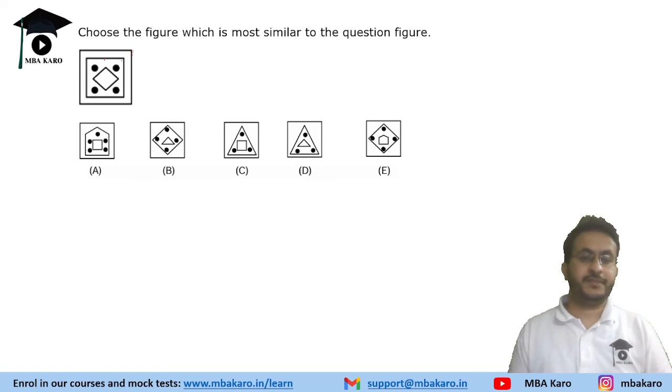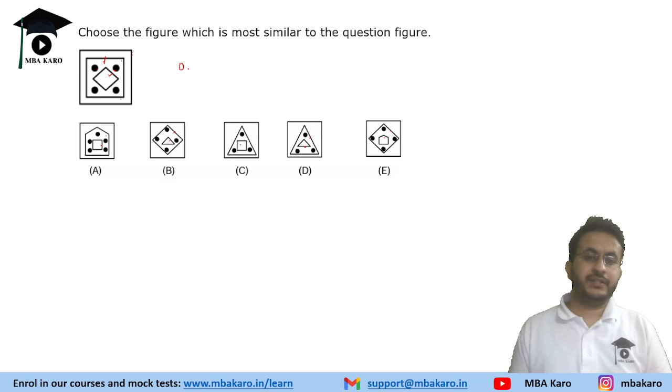Two inner shapes: we have a square and another square and four dots in between. Some have pentagon and square, then we have square and triangle, triangle and square, triangle and triangle, and square and pentagon. So first of all, it has four sides, four sides and four dots.